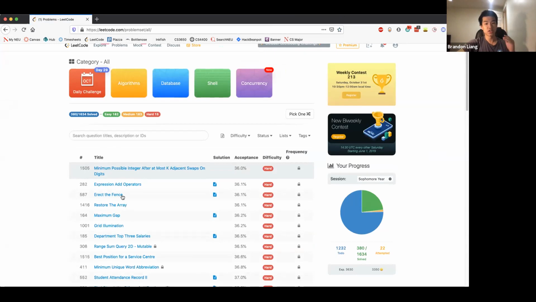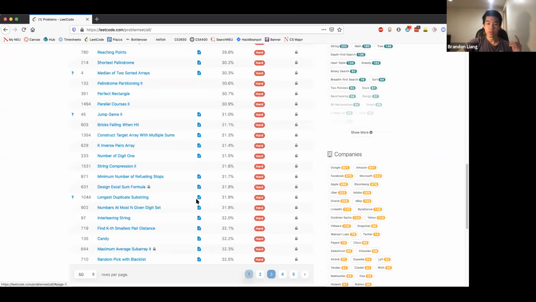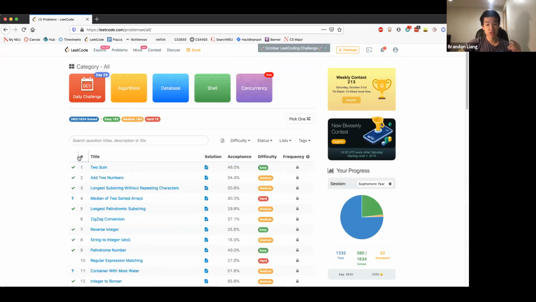And as you can see, problems have a certain difficulty attributed to them, a certain acceptance rate. This usually indicates how many submissions versus how many times people got it right. Some of these problems have solutions available to them. So you could look at that if you're stuck.